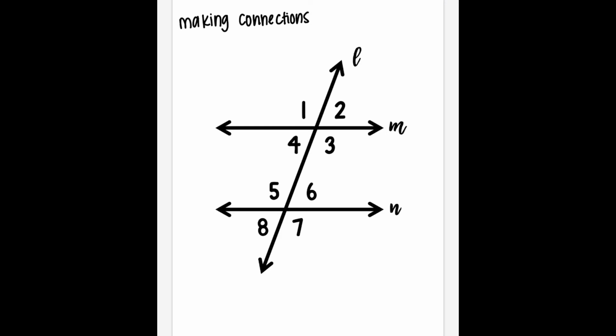We're going to kind of tie them all together. All right, so starting with angle 1. Angle 1 is vertical to angle 3. So these two are congruent. So I'm going to start with just that. Angle 1 is congruent to angle 3 because they are vertical.